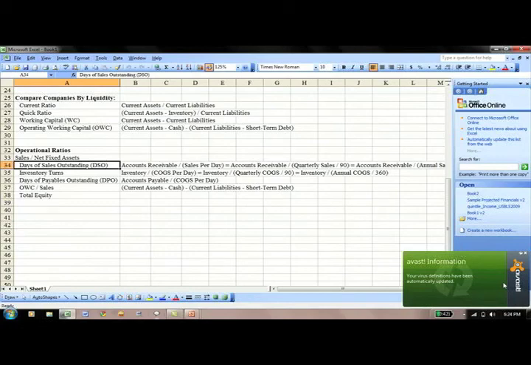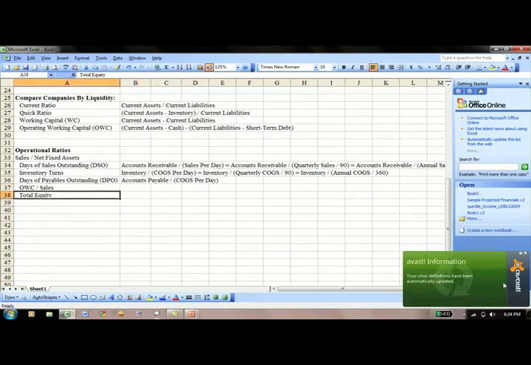So it's the accounts payable divided by the cost of goods per day. Then there are other metrics such as operating working capital divided by sales. And I've got this incomplete there, but we know what the operating working capital is from row 29, and when you divide that by sales, that's another operational ratio.